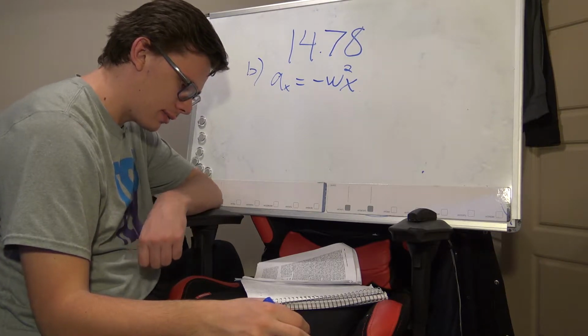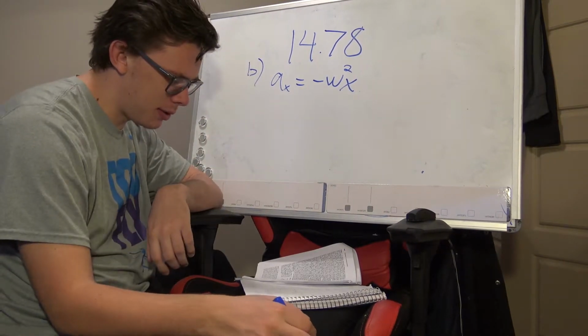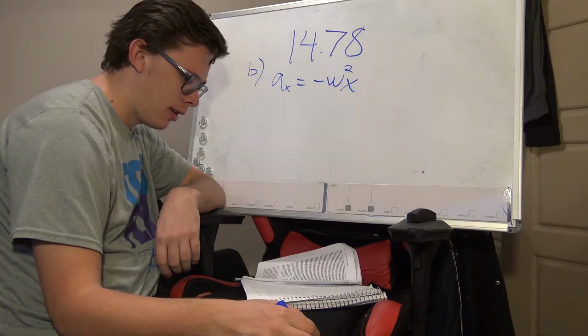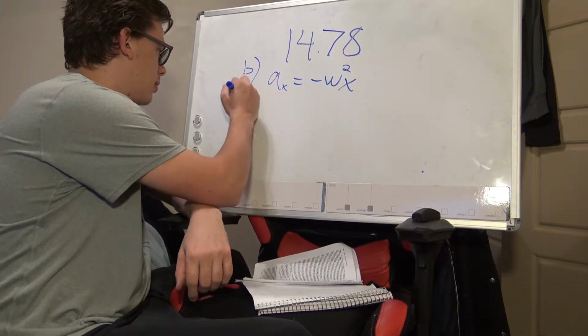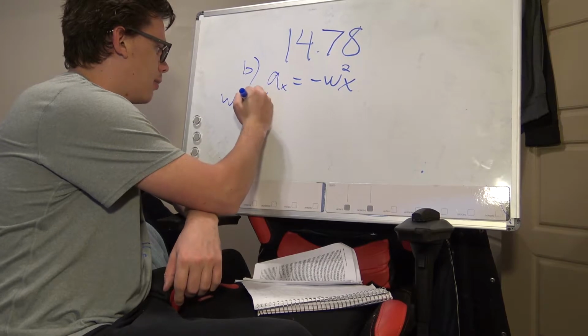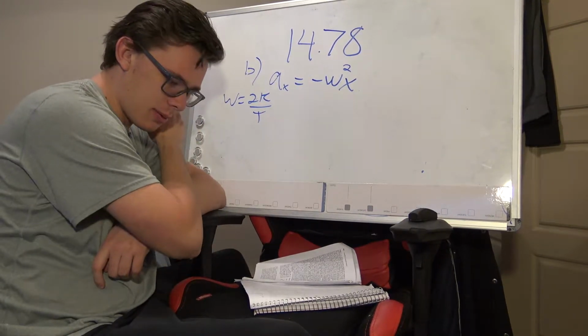And our w was 2 pi divided by T, right, w equals 2 pi divided by T. Our T was 1.5.